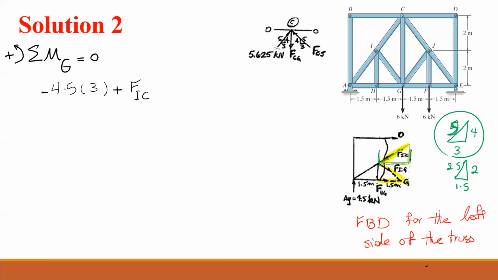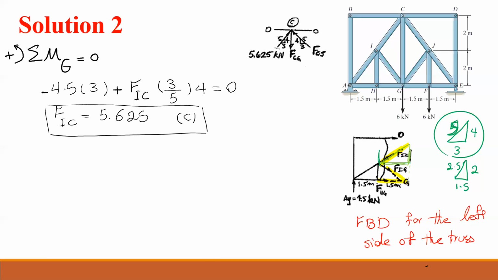All right, so FIC times 3/5 and the distance is 4 equals 0. So from here I can find FIC, which is 5.625, and I assume they are in compression. I got positive, so my assumption was correct.